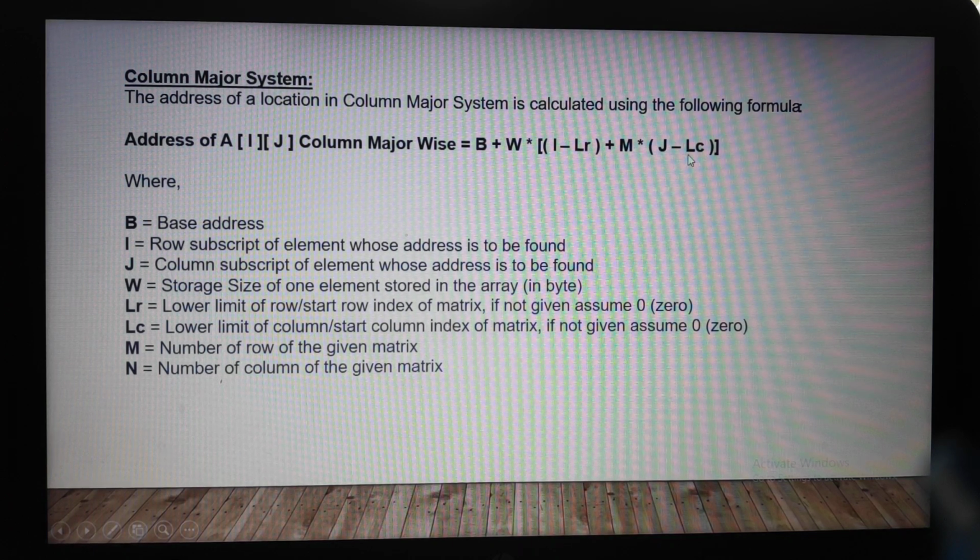Normally lr and lc are mentioned in the question. If they are not mentioned, then we assume them as 0.